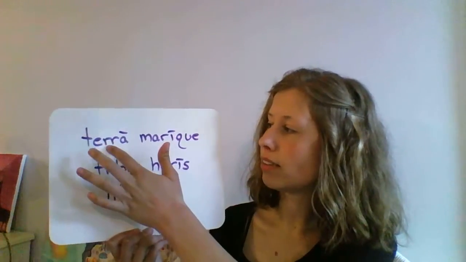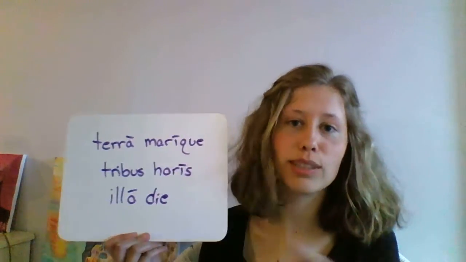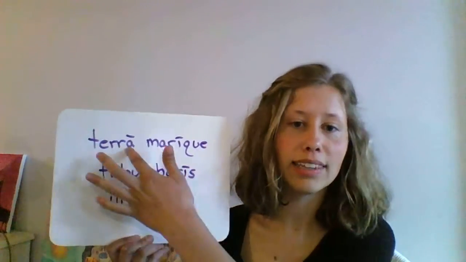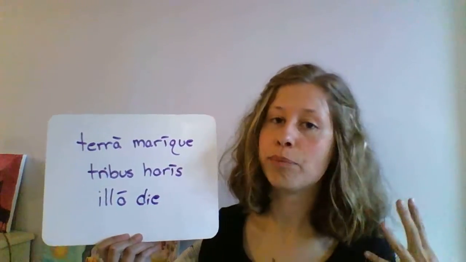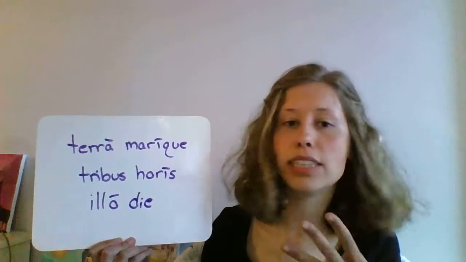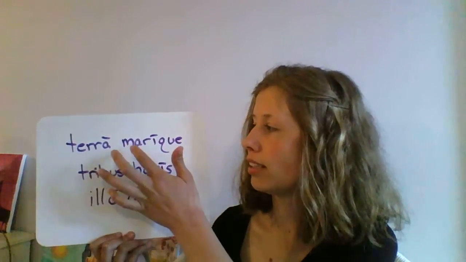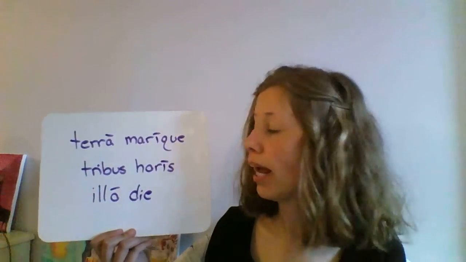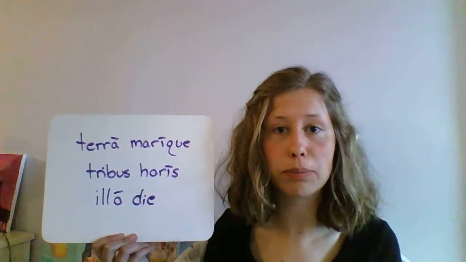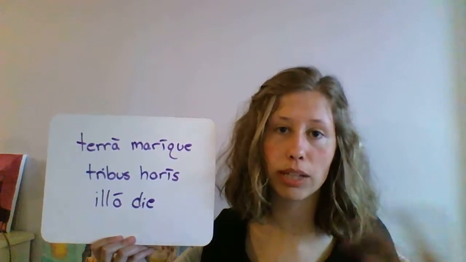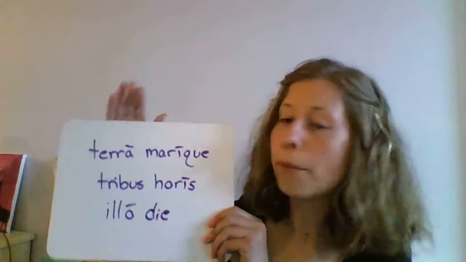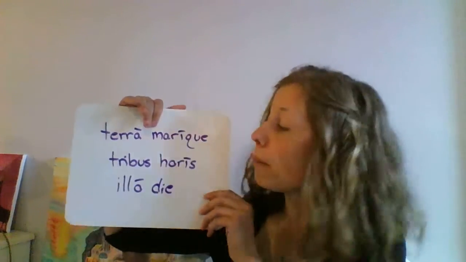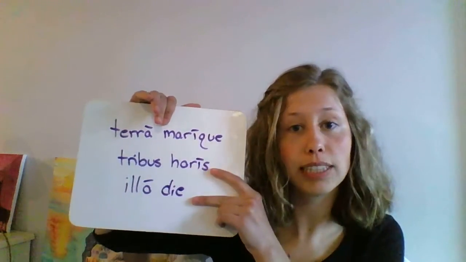So this is by land and by sea in English, that famous phrase, or on land and on sea. For instance, the Roman forces were fighting on land and on sea. That would be an ablative, a locative ablative specifically because you're talking about the place in which they were doing something. But more common for our purposes is the ablative of time, which is these two.